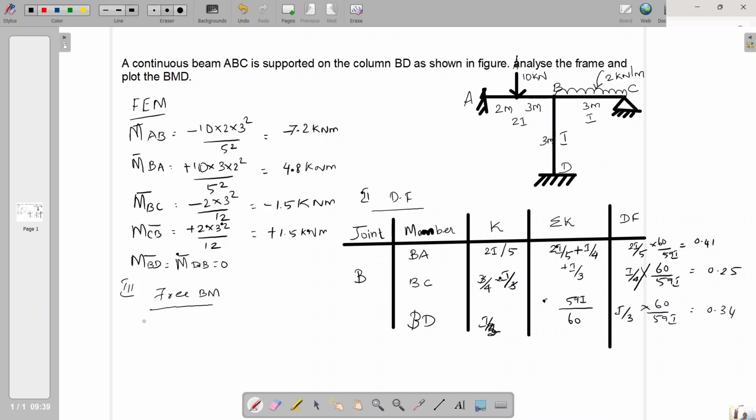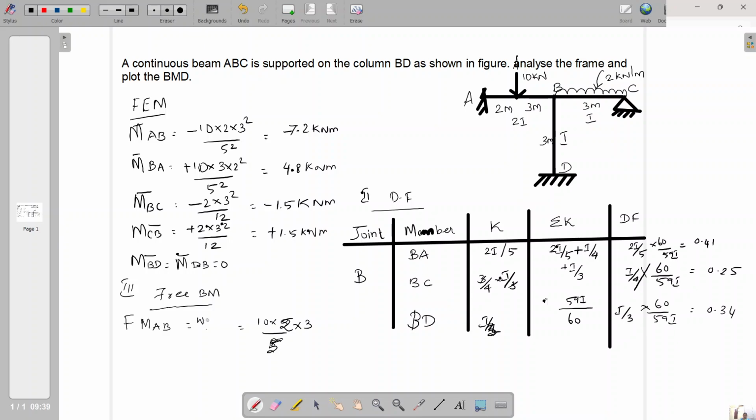So for the span AB, we can name it as FM AB, which is WL by 8 for a central load. Here it is varying in length, so W a b by L: 10 into 2 into 3 divided by the span 5.